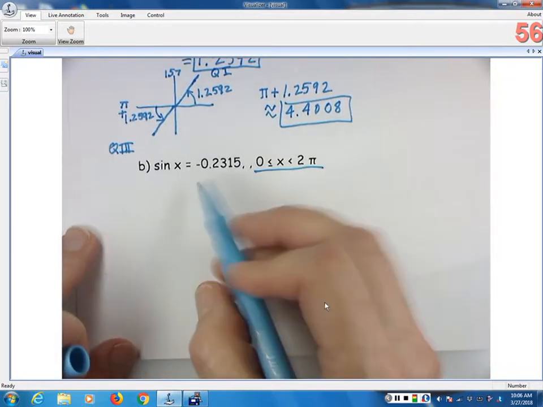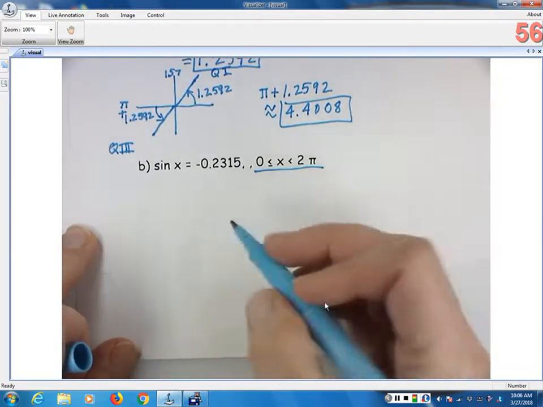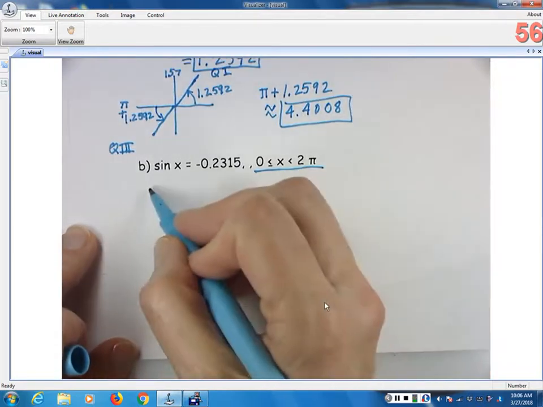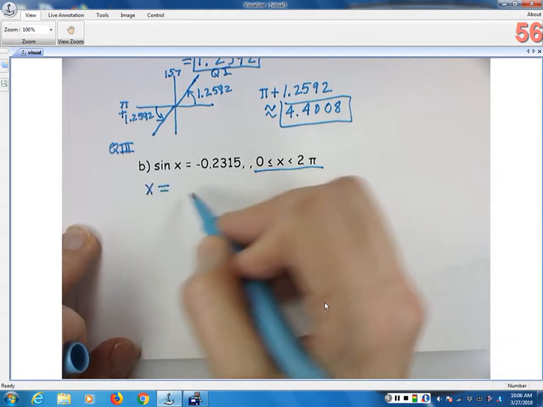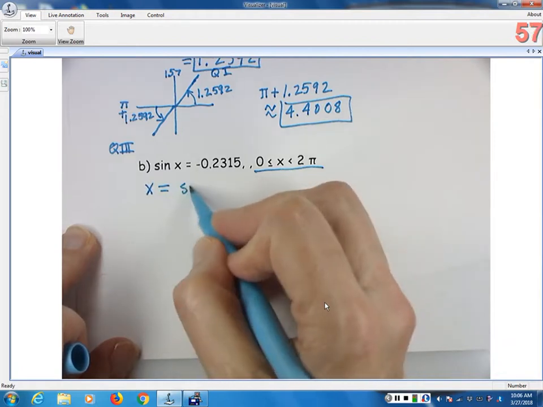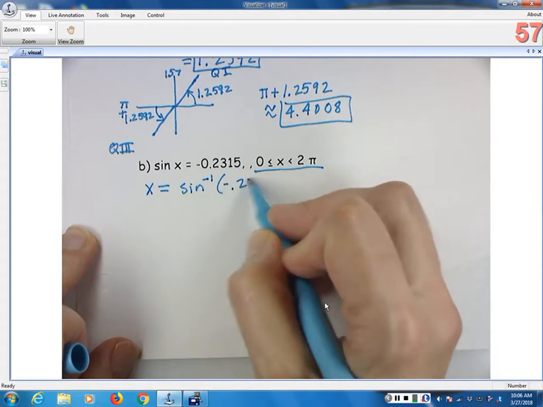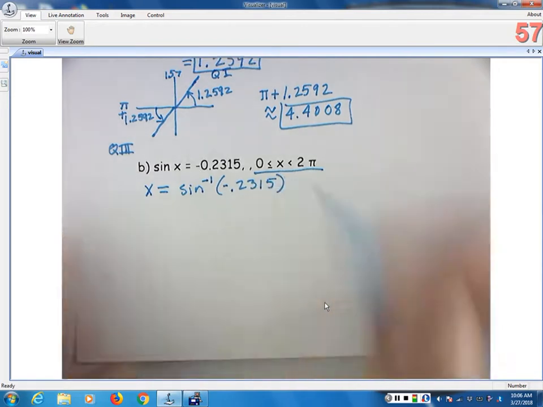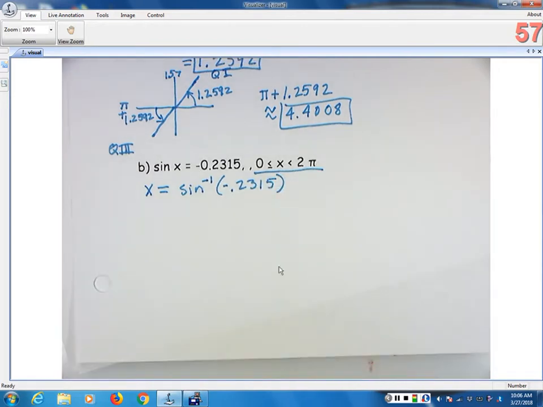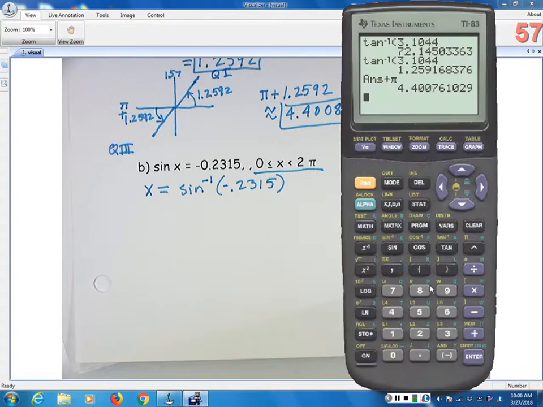All right, sine is negative. Well, we're going to first do x. One answer is going to be probably sine inverse of this. We're going to do that on the calculator.